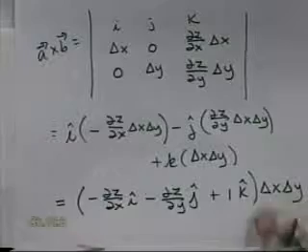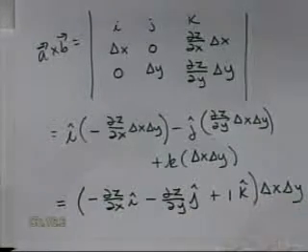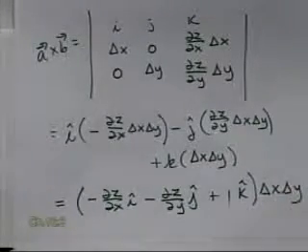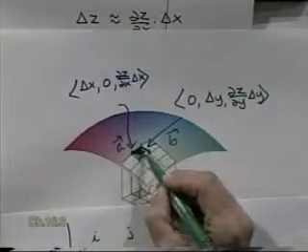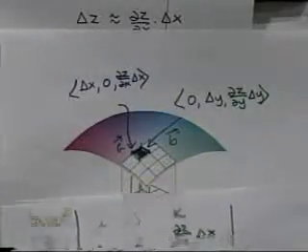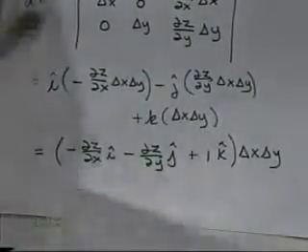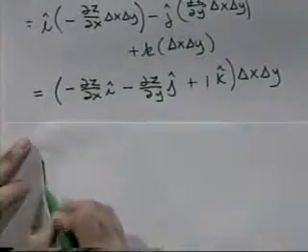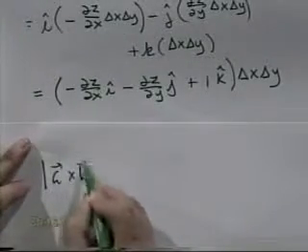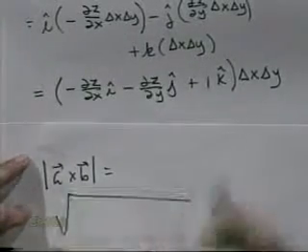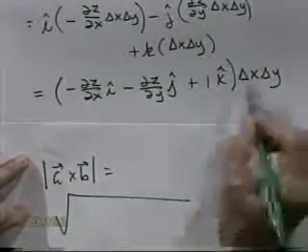Now delta x, delta y is a number, right? How much x changed, how much y changed. It's the area of that little delta A area. Now, the area of that little parallelogram is the length of that vector, and since this is a constant, I can just factor it out. Is that okay?